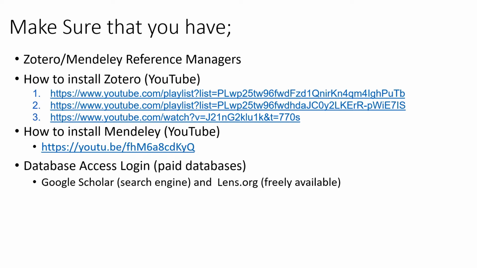And fortunately, we have the lens.org database. It is a freely available, open database, and it has a lot of articles other than Scopus and Web of Science. So we can use that database to get the relevant articles.